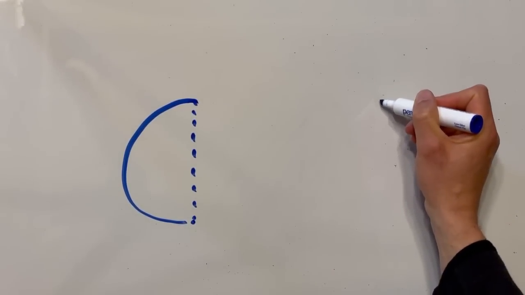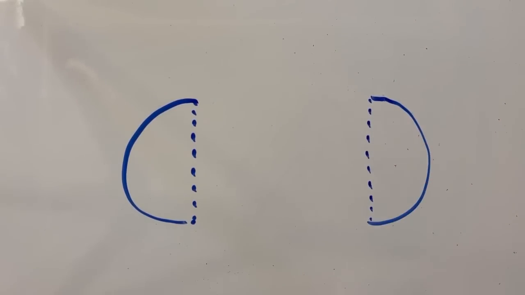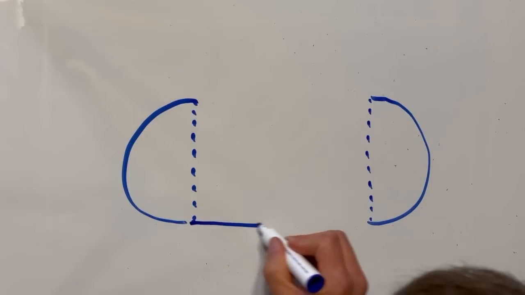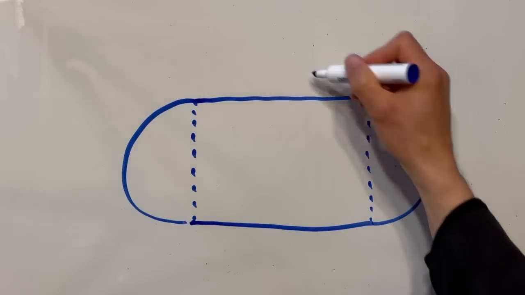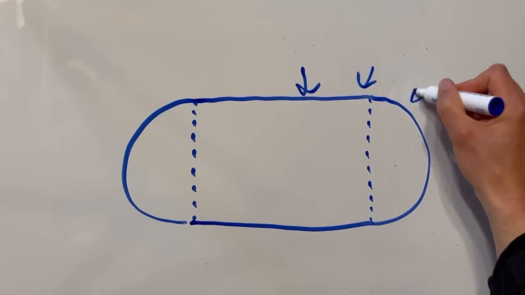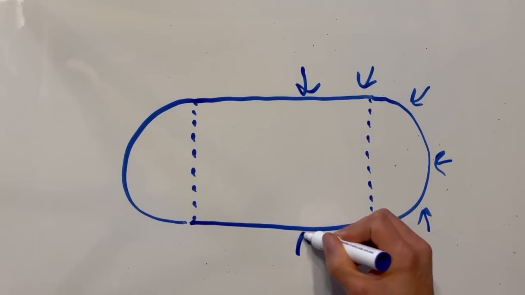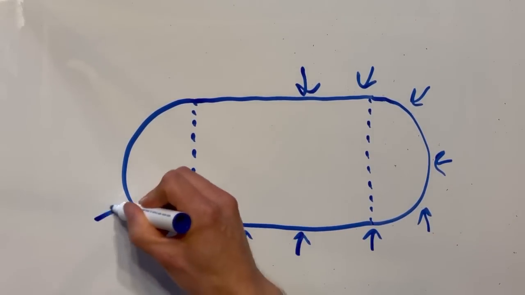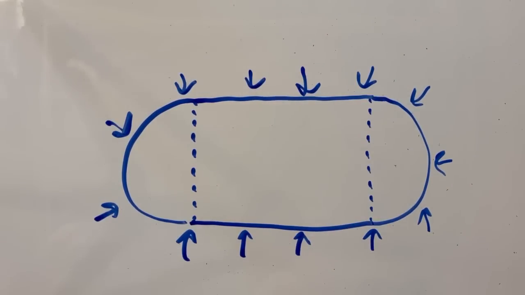So there's a half of the sphere, and there's a half of the sphere, and they put a composite tube in the middle. Now, the water pressure is still uniformly going to be pushing inward, but now something is different.